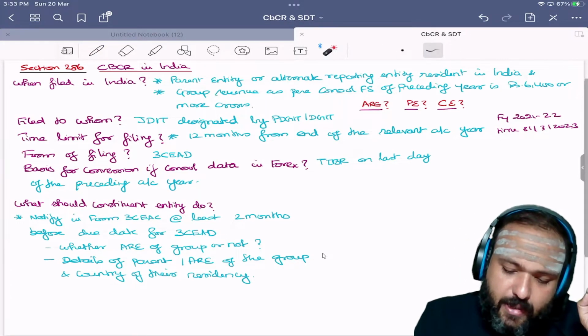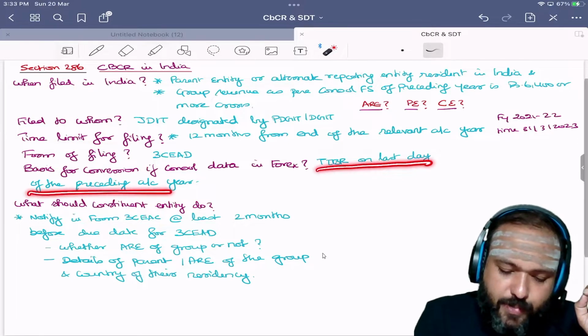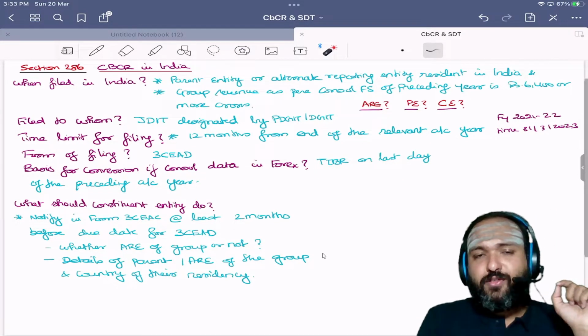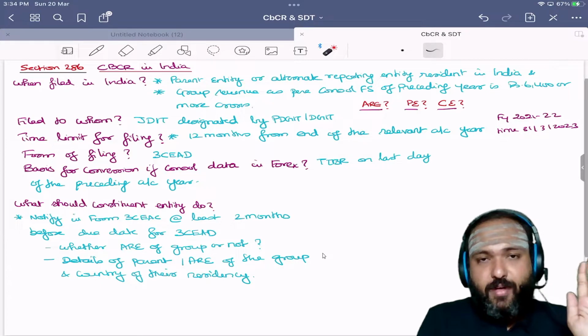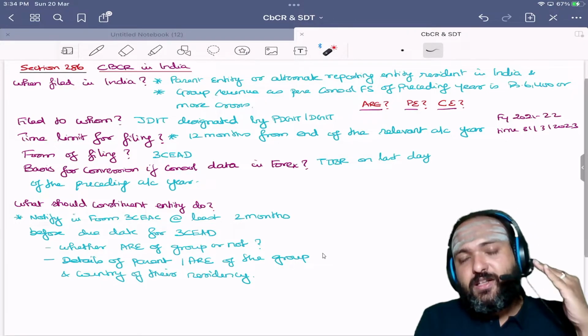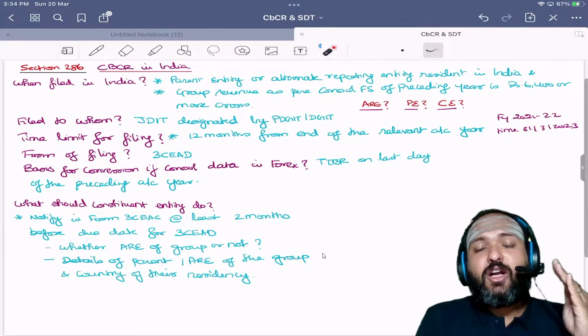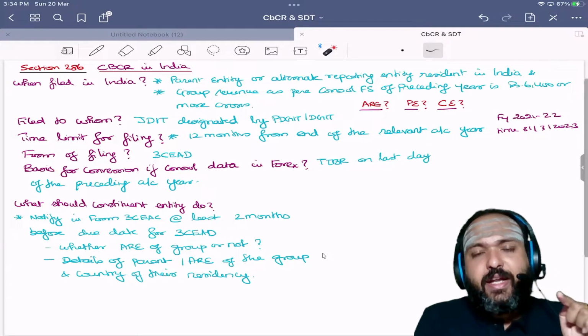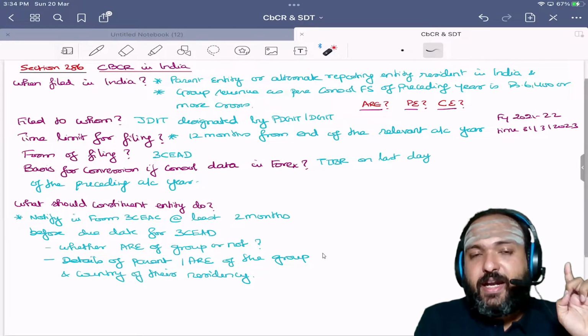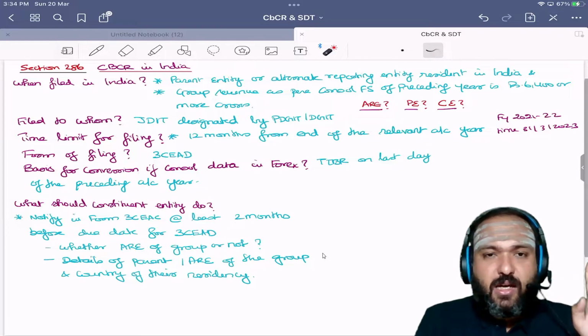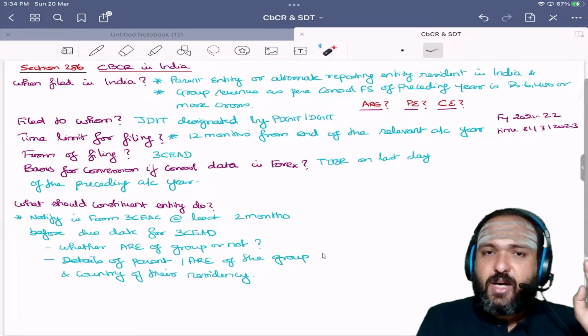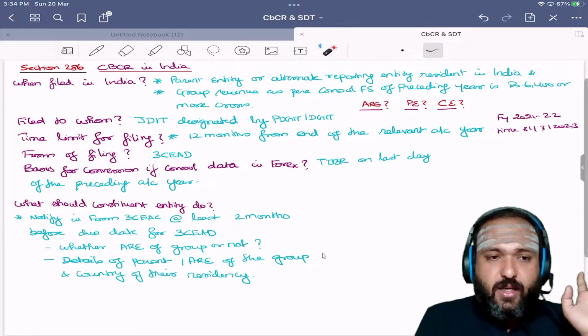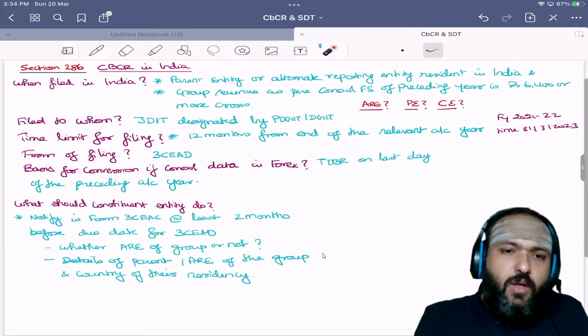The TT buying rate on the last day of the preceding accounting year should be considered for the purpose of conversion. So wherever the consolidated data is in foreign currency, that consolidated data shall be converted to Indian currency using the TT buying rate on the last day of the last accounting year. Is it clear? So the 31st March TT buying rate shall be considered.